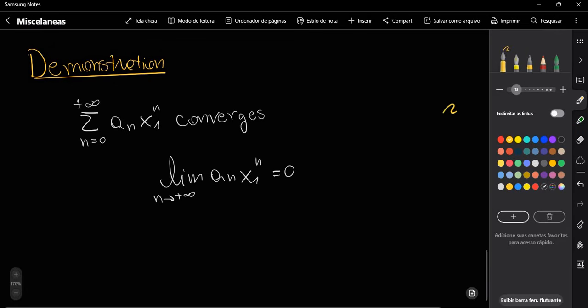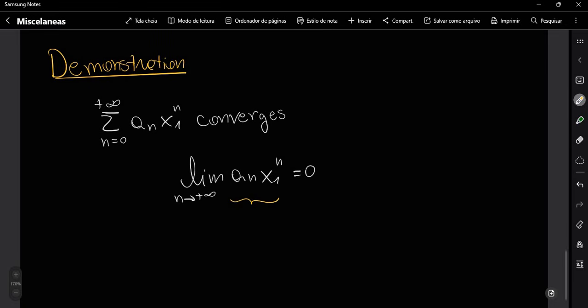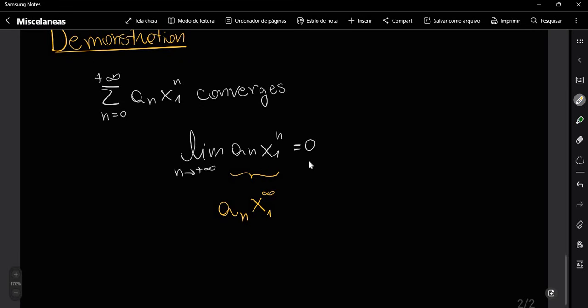And right here, if we substitute this n right here on x, so x will gradually decrease until at some point we reach 0, but this is only if the module of x is smaller than 1.